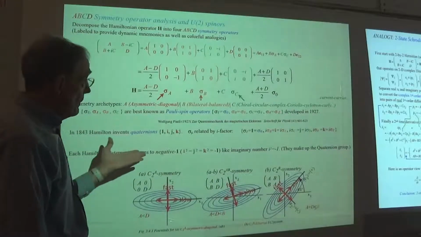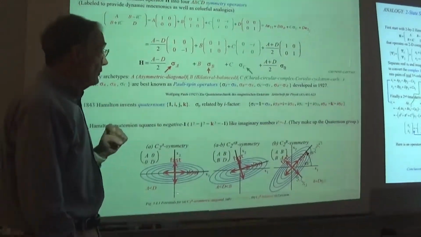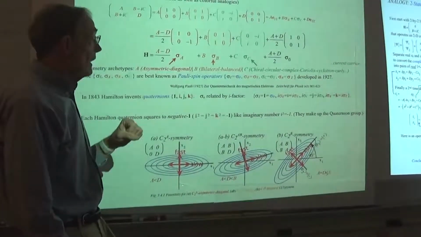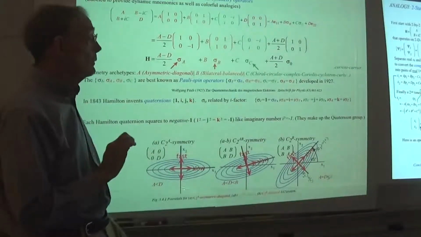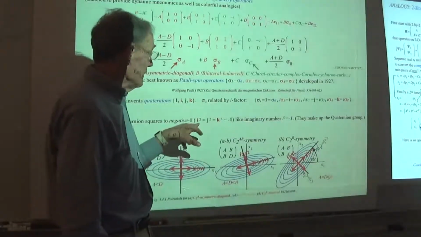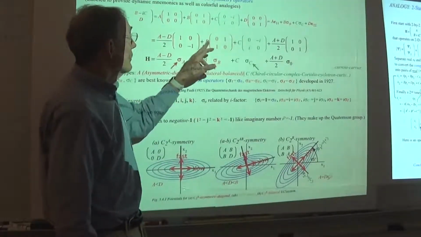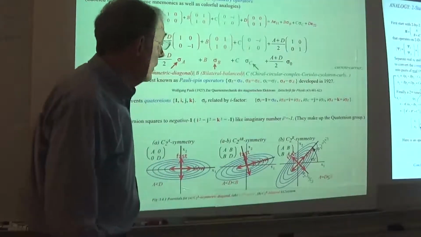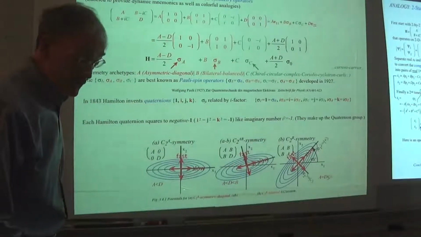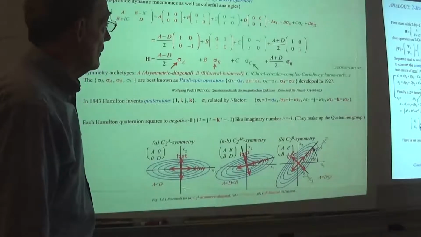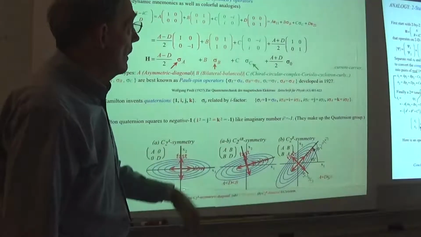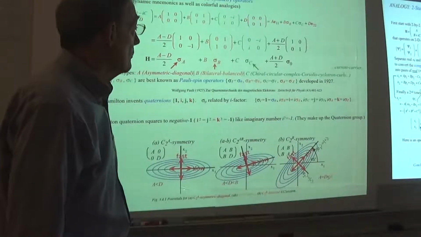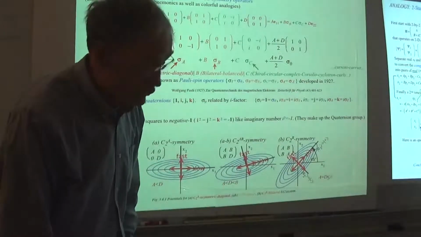Hamilton's quaternions square to -1, whereas the Pauli operators very conveniently square to +1. So putting that I on makes these three right here square up to -1 times the unit matrix, and the others make up what's called the quaternion group.